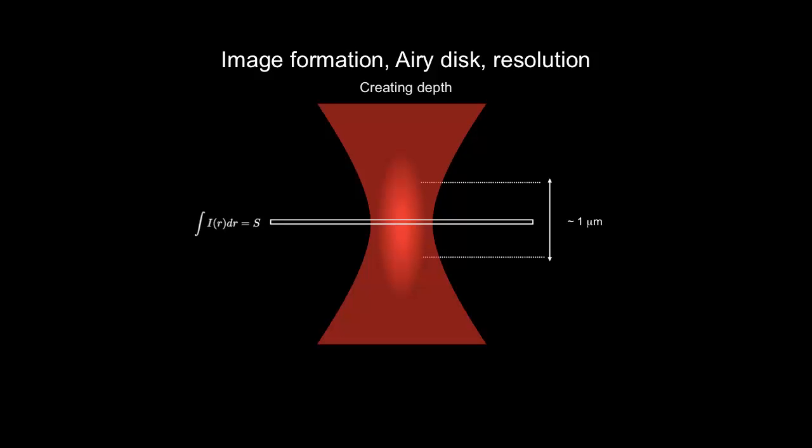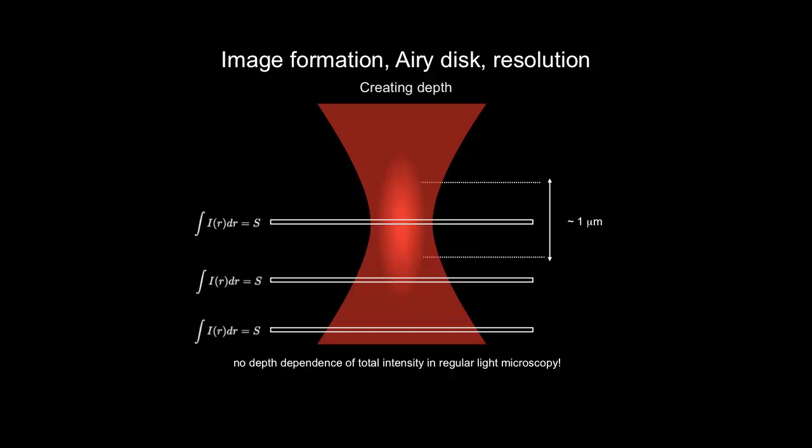So the result of this integral is non-zero over a small depth of about 1 micron, while for wide field microscopy, you really get no depth dependence of the total intensity, and the signal from each plane contributes equally to the image, and we cannot ignore the out of focus fluorescence. Now I want to talk about the relationship between interference, coherence, and scattering.